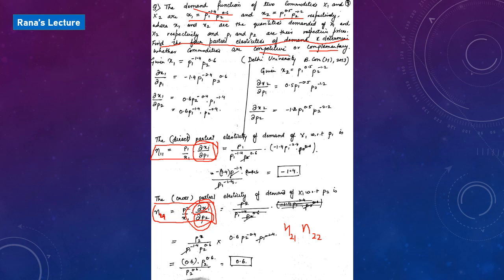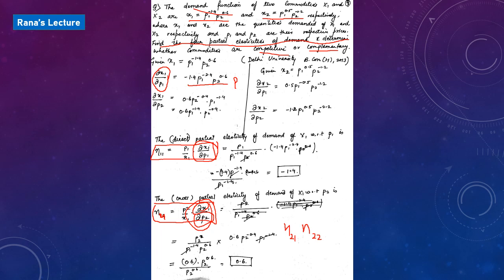Here we have calculated this. Delta x1 by delta p1 is equal to, p2 remains constant over here, so the differentiation will be minus 1.4 p1 to the power minus 2.4 p2 to the power 0.6. You know the differentiation.